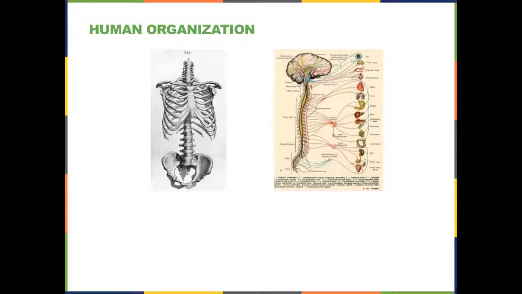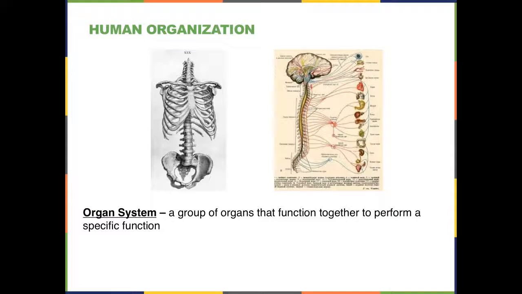Now, when we start talking about the organization into systems, first of all, we have to define what a system is. An organ system is a group of organs that are grouped together and function together to perform a specific function. Now, an organ is a collection of tissues that work together to perform a particular function, and a tissue is a collection of particular cells that are grouped together to perform a function.